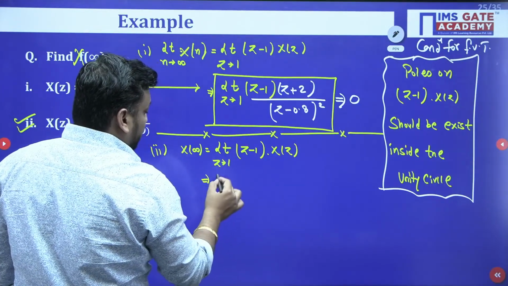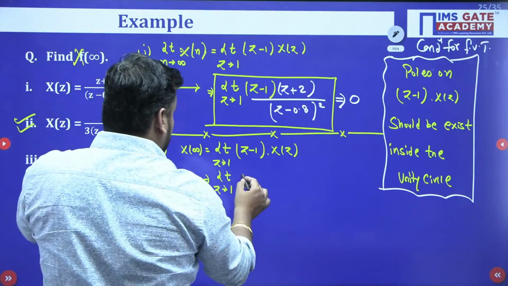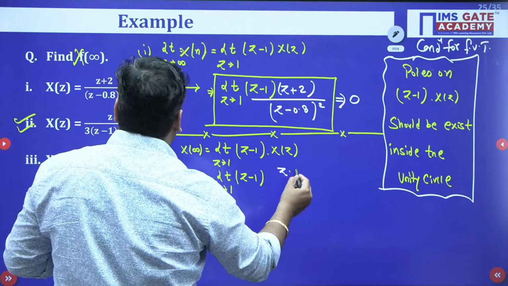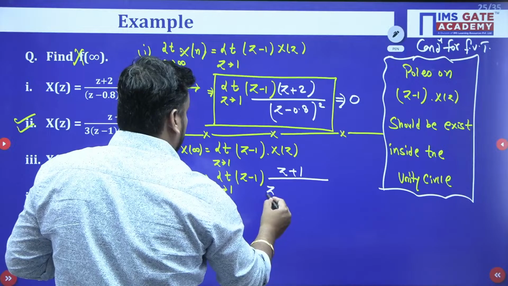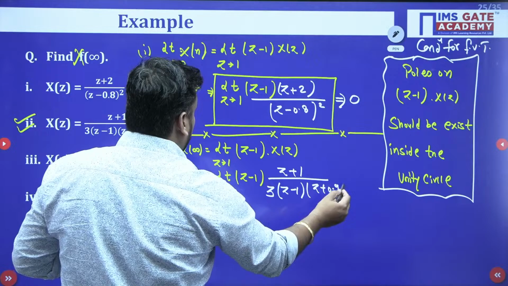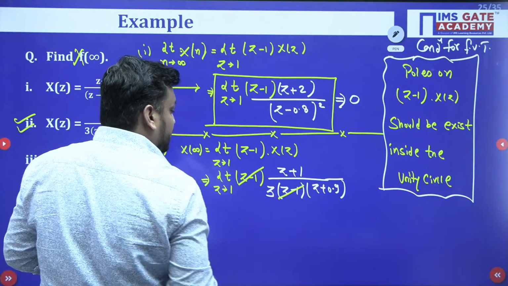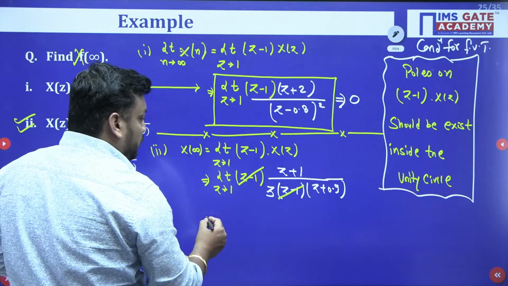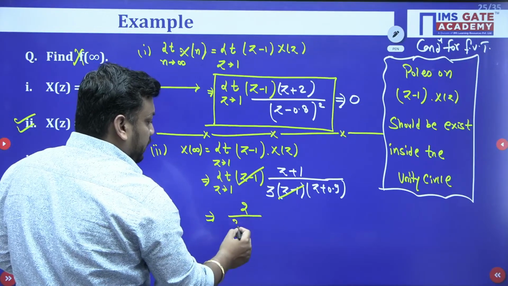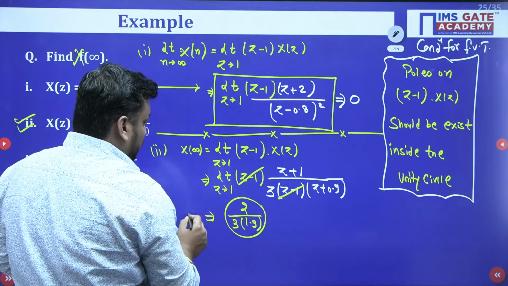So you will get limit z tends to 1 of z minus 1 as it is, and after that I put the X of z value here, so it will be (z plus 1) upon 3 into (z minus 1) into (z plus 0.9). Don't you think this term and this term get cancelled out? Finally, when you put z equal to 1, 1 plus 1 you will get 2, and here 3 is already outside, and here is 1.9. So this is all about your x of infinity answer.